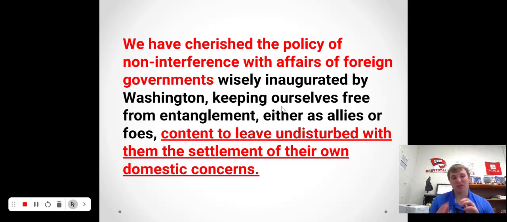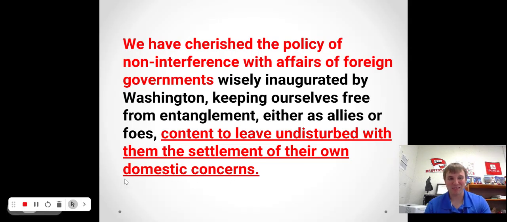And then McKinley says we're keeping ourselves free from entanglement. Basically, we don't want to get mixed up with these other countries. And then he says, we're content to leave undisturbed with them the settlement of their own domestic concerns. Basically, we're not going to stick our nose in other people's business. We're going to let them deal with their own problems.